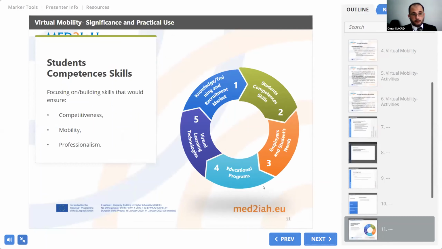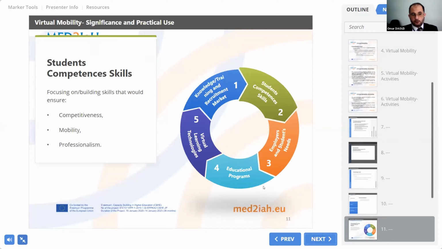So, as a significance for virtual mobility, we have five different significances to take into consideration as significant skills or competence skills for the students or the teachers. The first one is the students' competence skills.